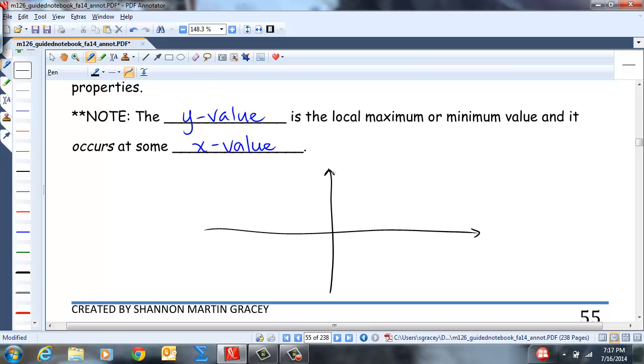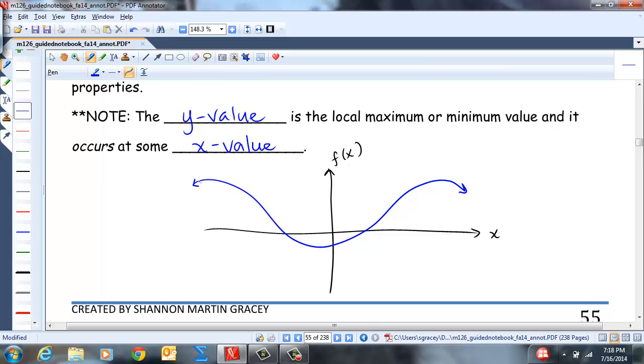Okay, so let's say we have some nice graph like this.